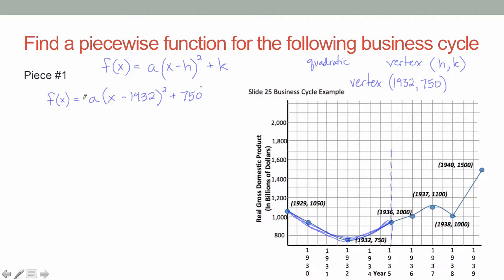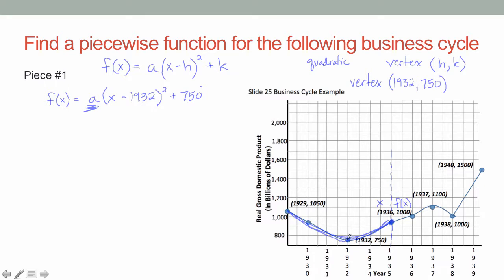Now I'm not all the way there though. I still have to figure out what this value for a is. Well, to do that I need another point that it goes through. So I'm going to use this point right here, 1936. That's an x value, and if I put that x value into the function, we get a function value, f of x, of 1000. That's one of the points on this parabola, and I want it to go through that.